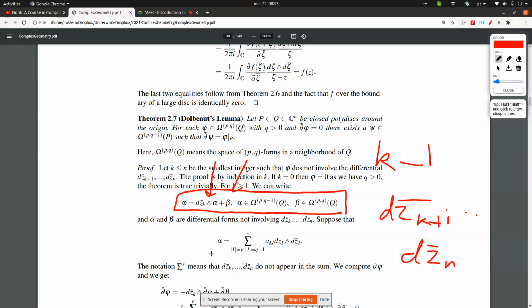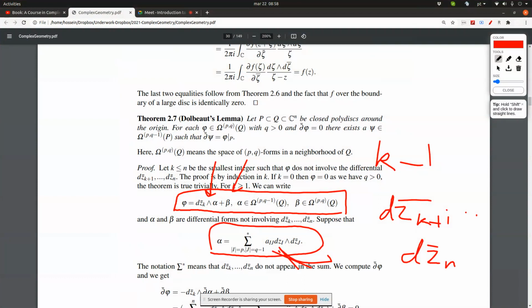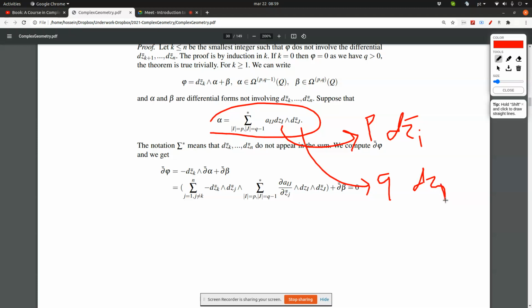Next we write alpha as a usual sum of differential forms: a coefficient times dz_I, which does not have a bar, times dz_J bar, which has a bar.